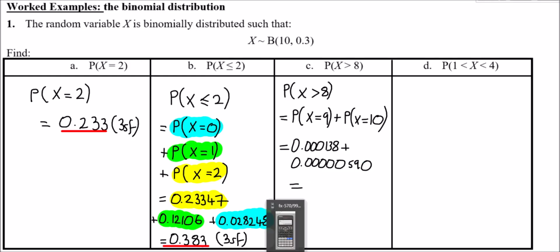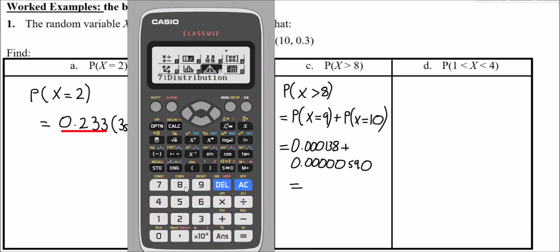So now if we go back to normal mode and add these together, so menu 1 for normal, 0.000138 plus 0.00000590.